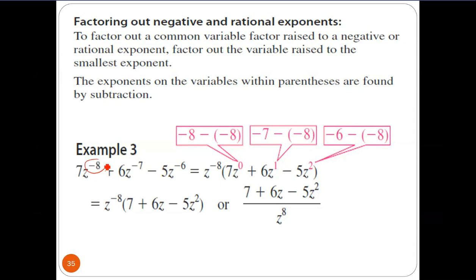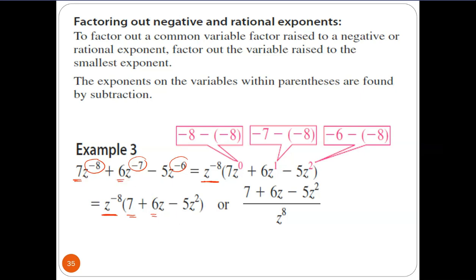Sometimes we have negatives, look at negative 7, negative 8, negative 6. Also take the least exponent. What's the least exponent? z to the power negative 8. So if we take z to the power negative 8, we have 7, put 7, and 6, put 6.